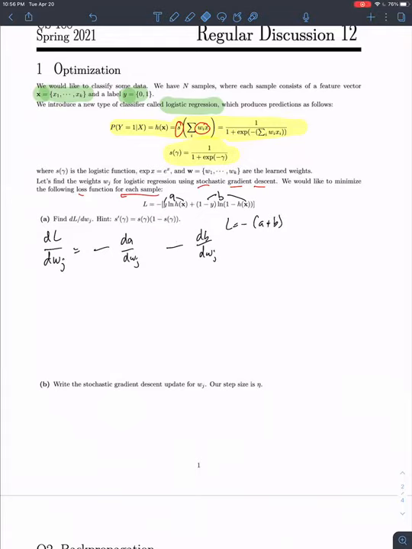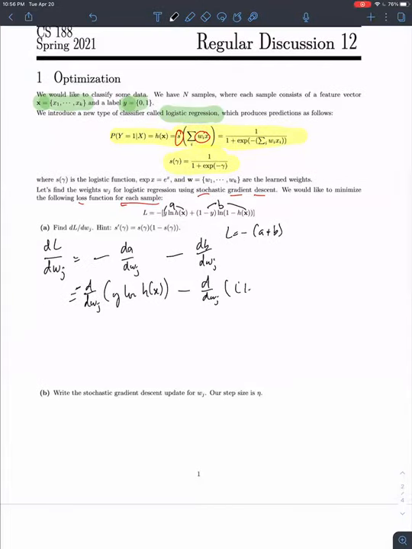Okay, so what is dA dwj? A is y ln h of x, so that's d on dwj of minus y natural log of h of x minus d dwj of 1 minus y log 1 minus h of x.